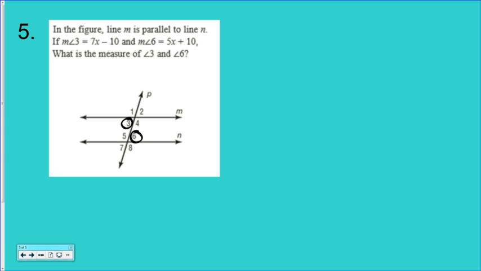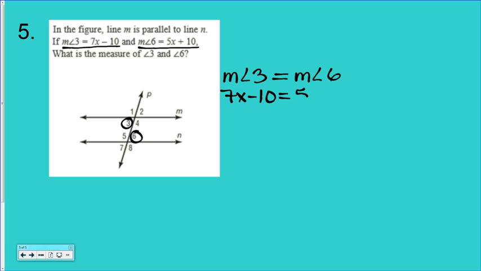In this case, 3 and 6 are both acute angles, so they're equal to each other. We can say that the measure of angle 3 equals the measure of angle 6. I know what the measure of angle 3 is. The formula tells me I can substitute, instead of the measure of angle 3, I can say that it's 7x minus 10. And the measure of angle 6 is 5x plus 10.